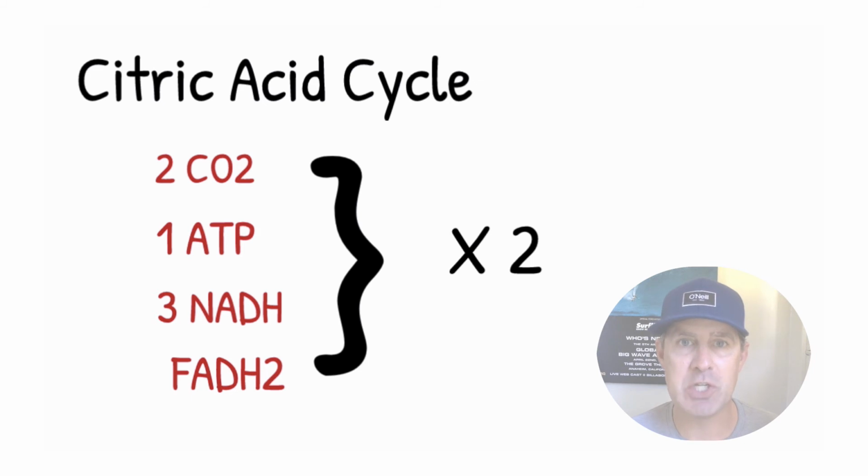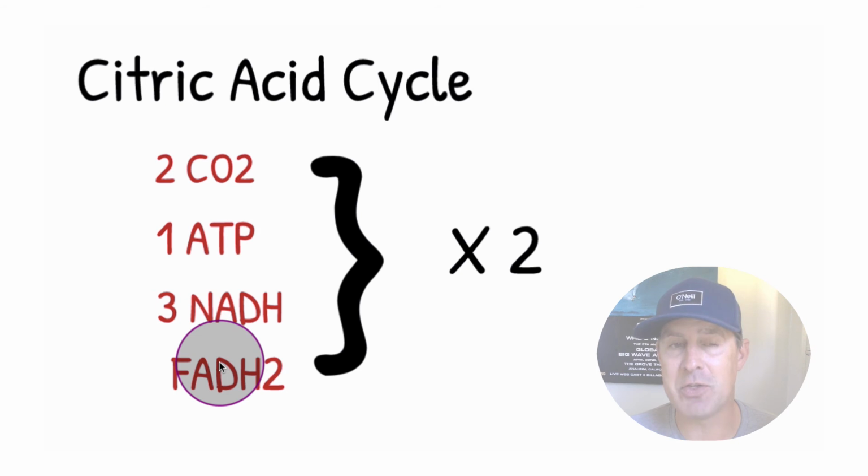We have 2 acetyl-CoA molecules going through this cycle. So we have to multiply all of this on the left by 2. So we're going to end up at the end of the citric acid cycle with 4 carbon dioxide, 2 ATP, 6 NADH molecules, and 2 FADH2 molecules.